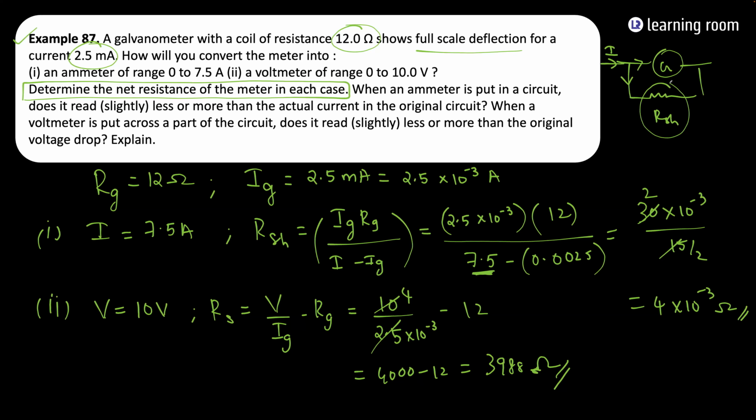So the reason you will write in the case of an ammeter is a slight current is drawn by the shunt resistance, so the value is going to be less. In the case of a voltmeter, there will be a voltage drop across the series resistor. So in both the cases, the reading will be less. Is that point clear? You can just make a note of it.